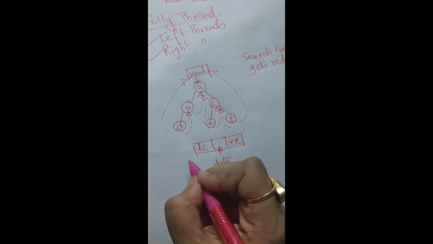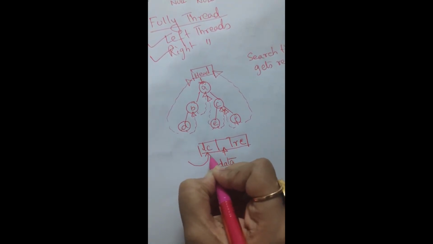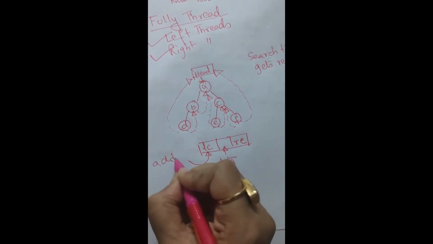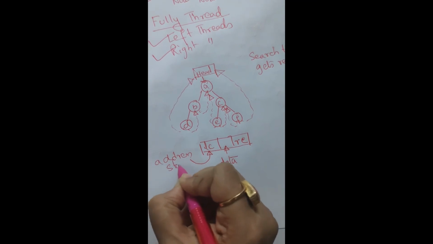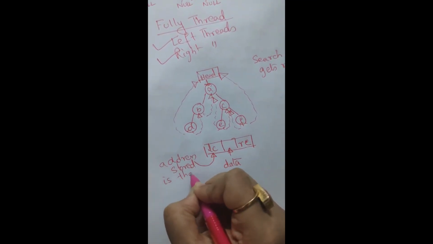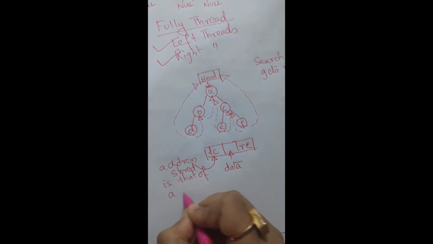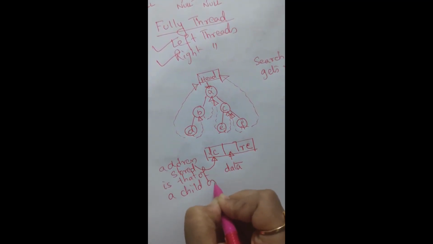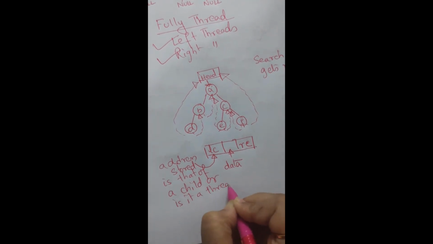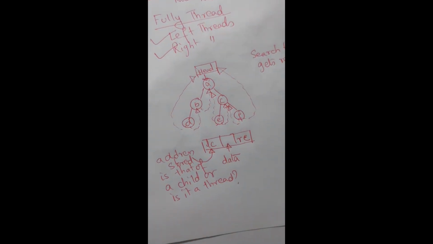So the question is, how will you identify whether the address stored is that of a child, or is it a thread? How will you determine that?